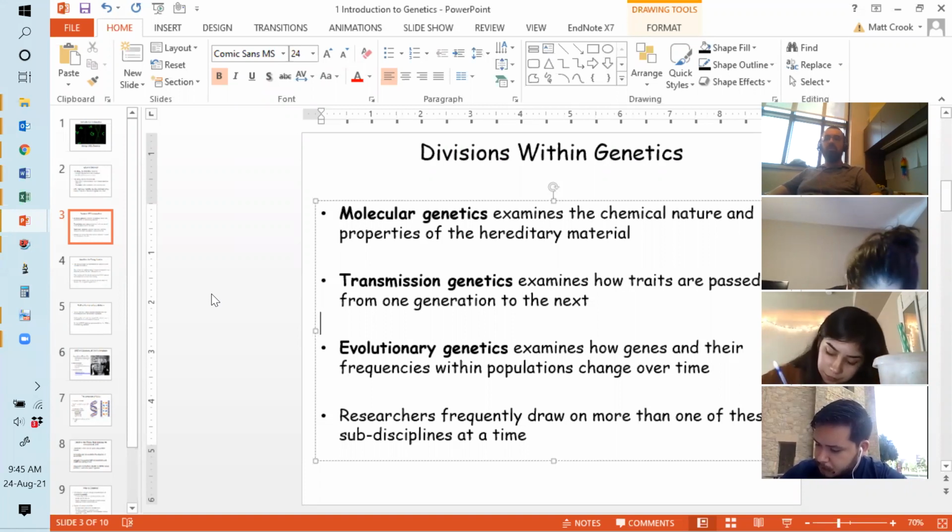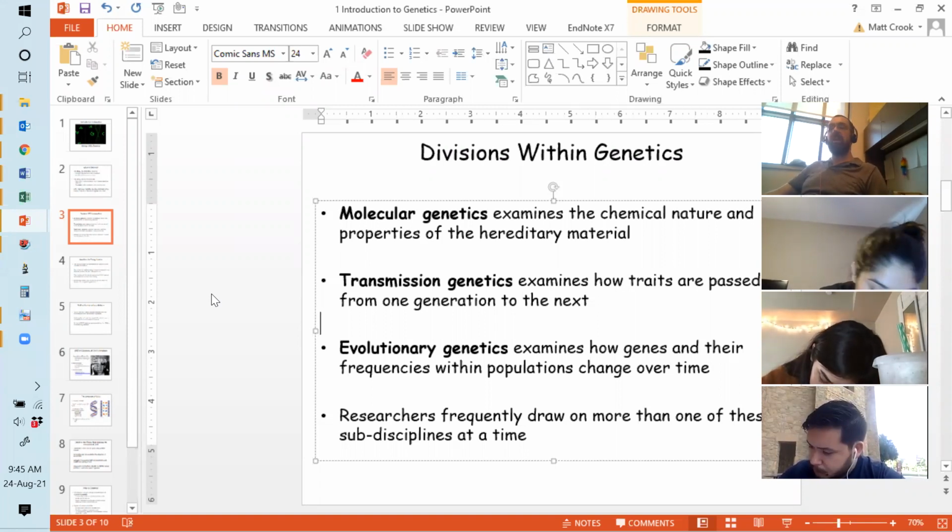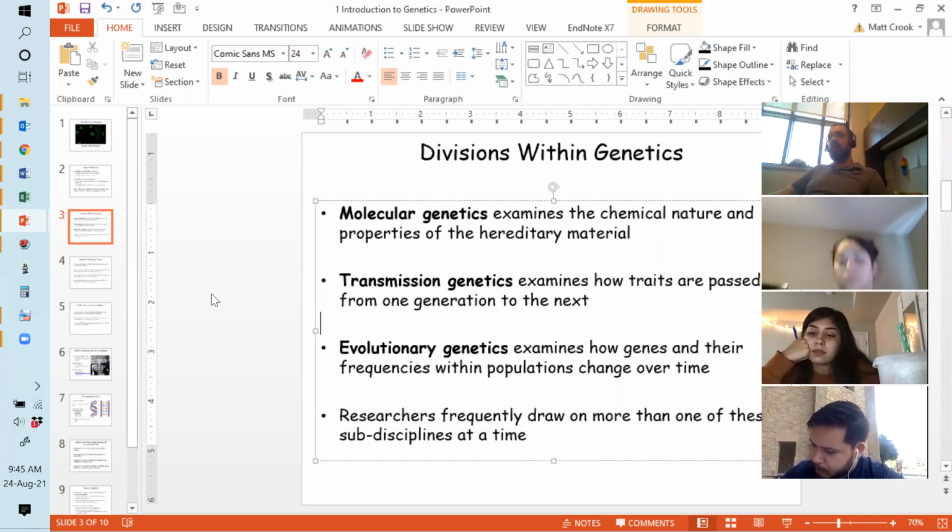But these are very artificial divisions. And really, if you're studying genetics, almost certainly your work is going to blend into different areas, right? So I'm very much a molecular geneticist. I study how genetic pathways work, but I also use transmission genetics and its principles to do my research, right?